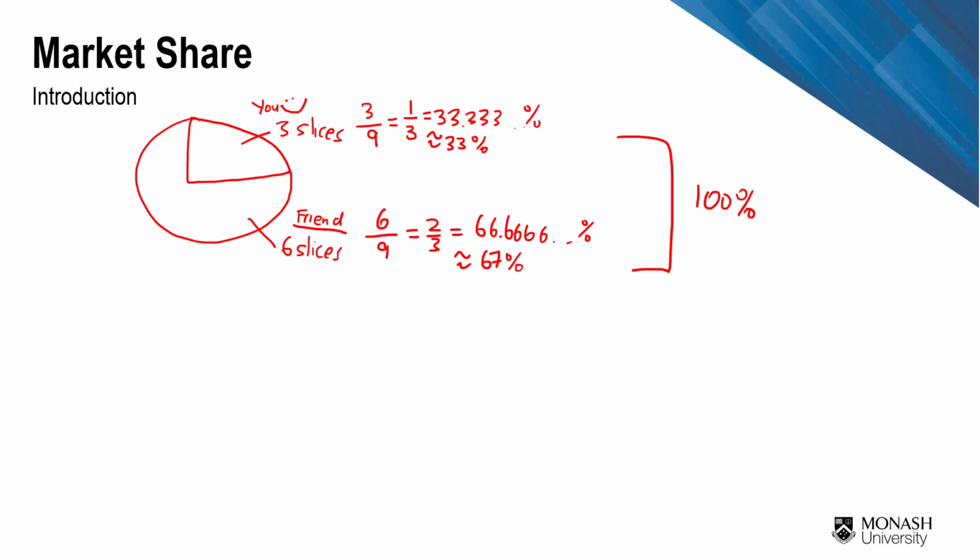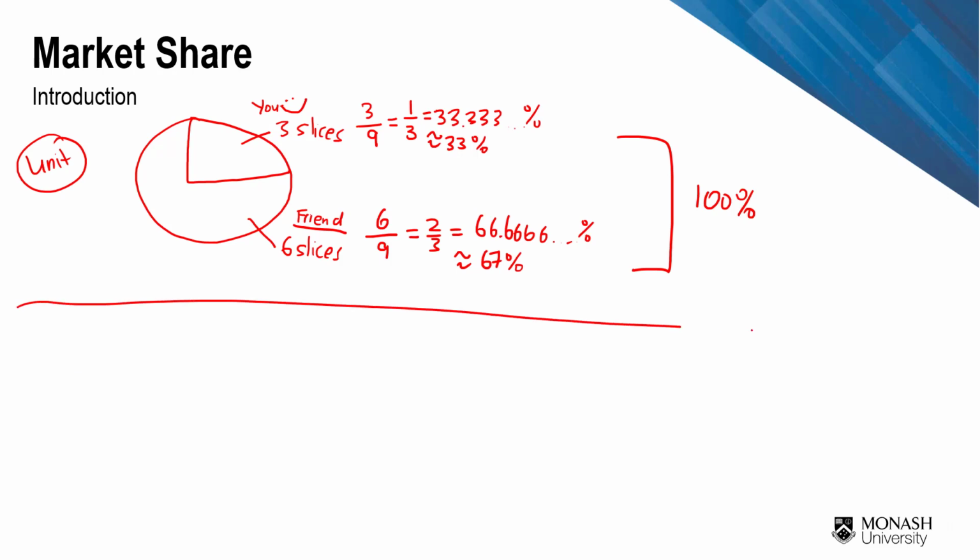So you can calculate market share by unit. I just did that by unit. So this is an example of unit. All right. Or it could be in terms of revenue. So say that in a family, you bring in $10 a day, and let's say your dad brings $1,000 a day.